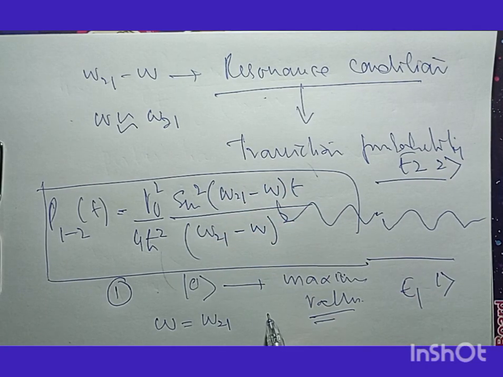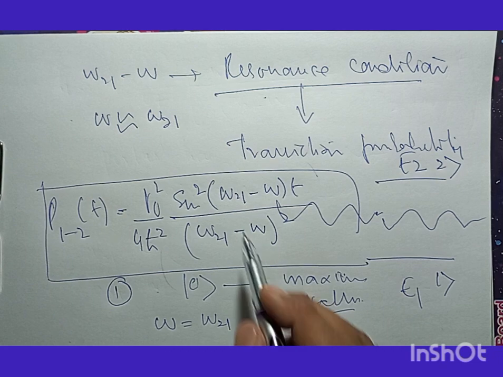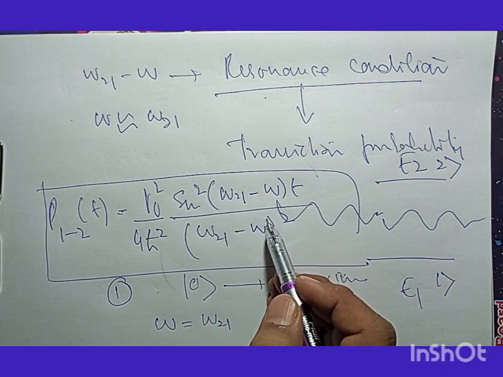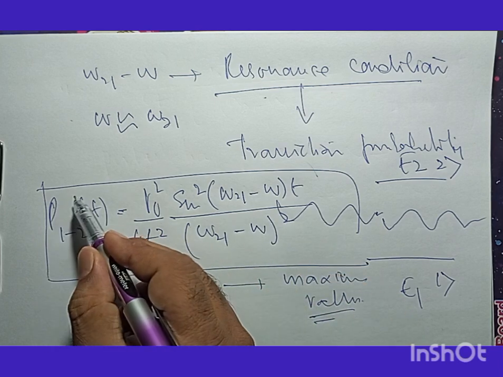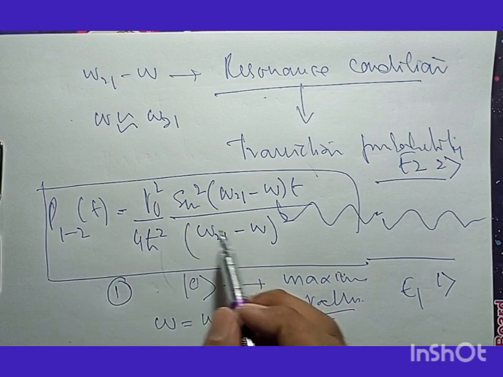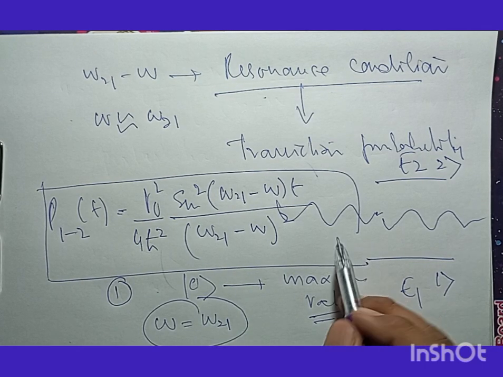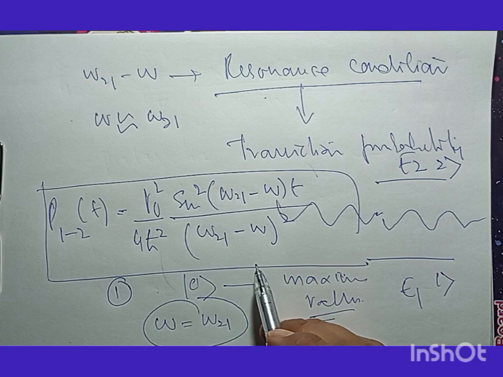That means the probability grows maximally. This is the point where the energy from the perturbation is efficiently transferred to the system.